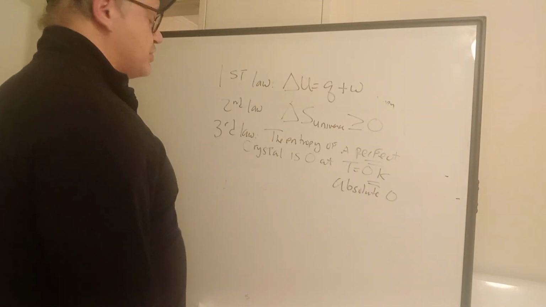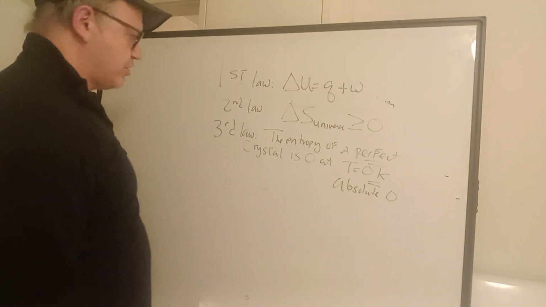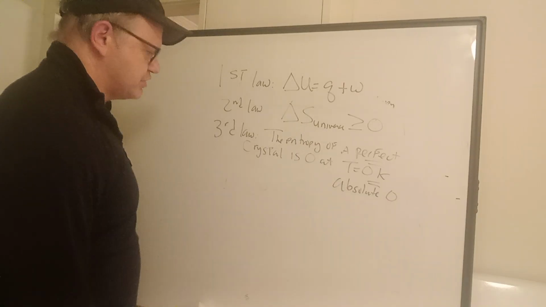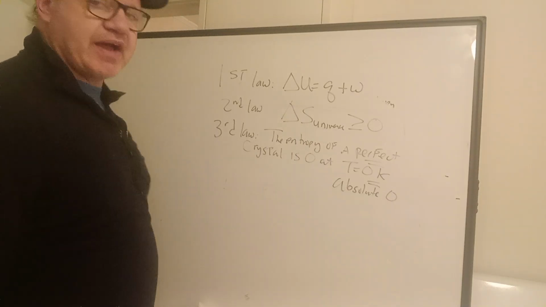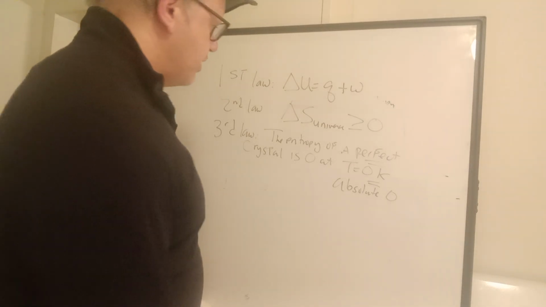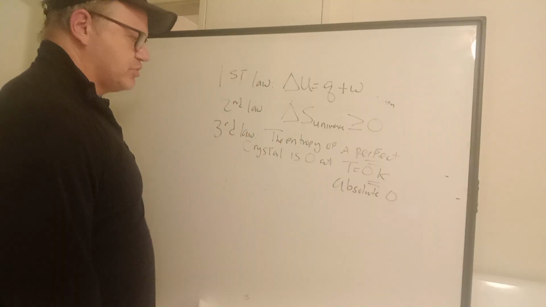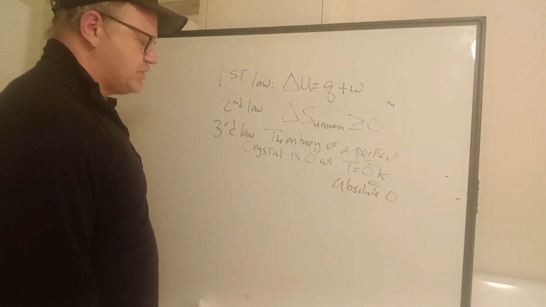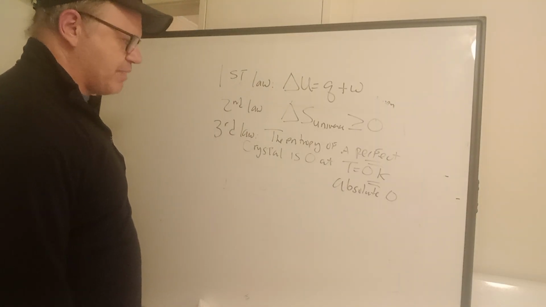I would consider this to be a theoretical condition because A, we've never achieved that absolute 0 and it's arguably impossible to achieve. And number 2, the idea of a perfect crystal is a crystal without defects. You could see making that perhaps.